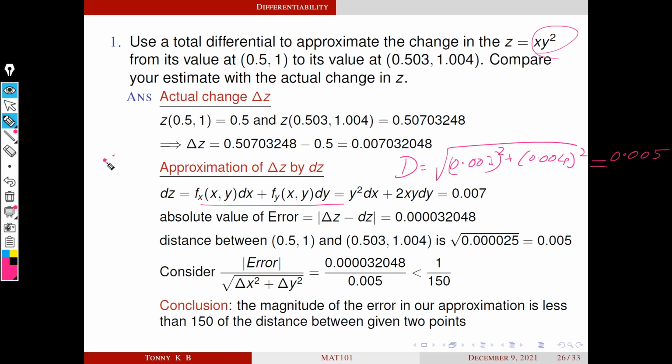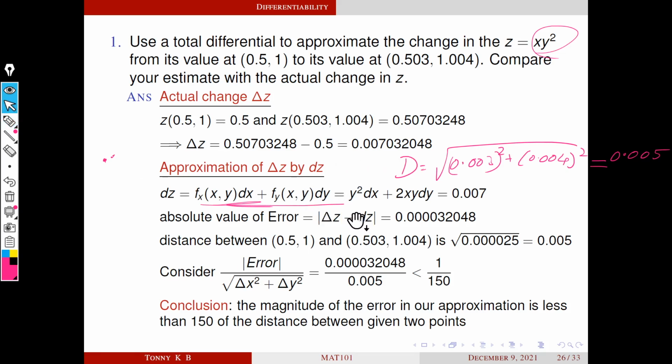If derivatives are known, you can approximate nearby points using this linear approximation, and this approximation is good because the error is always less than the distance between the points. These are the two applications of this type of linear approximation.